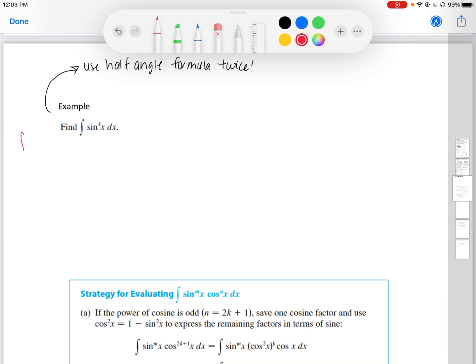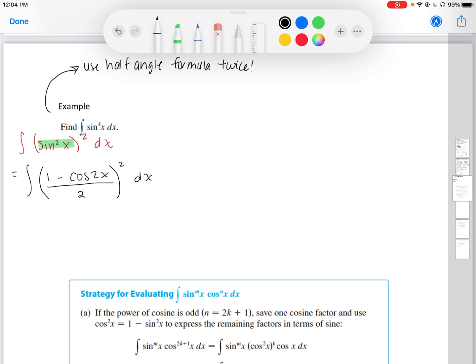Let's go ahead and get started. So we have our integral of sine squared of x, squared, dx. We can go ahead and use this as our sine of x squared and replace that. Okay, so using our half angle identities again, we have the integral of 1 minus cosine of 2x divided by 2, squared, dx.